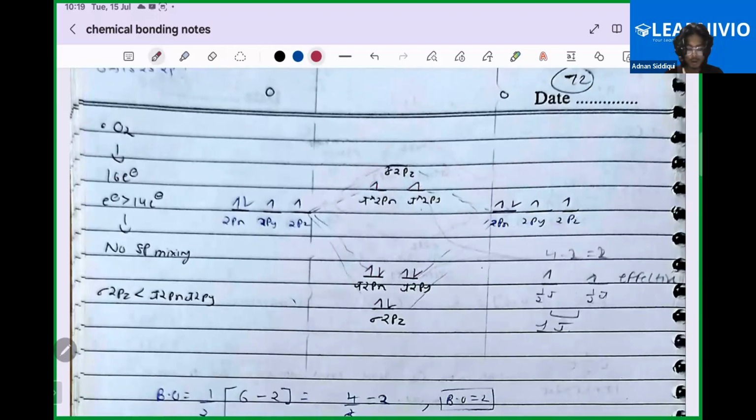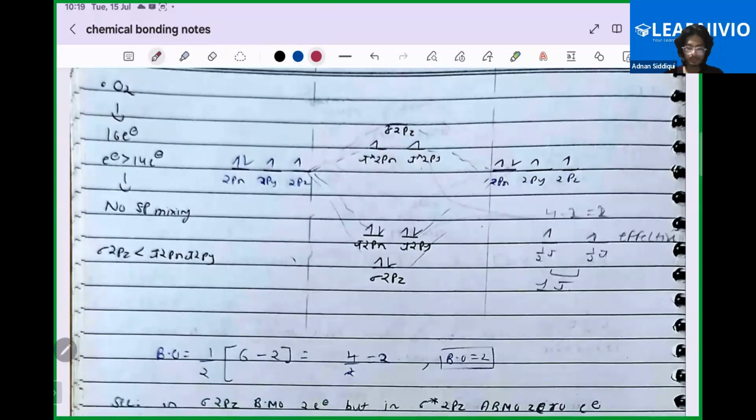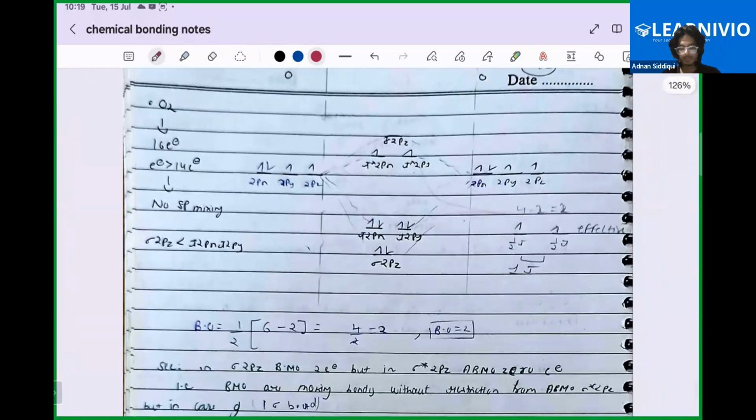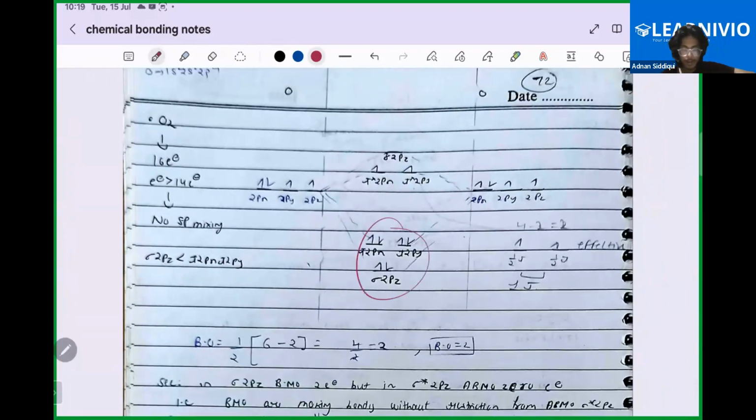So what is the bond order for our O2 molecule? Bond order is 6 minus 2, that is 4, divided by 2, so 2.